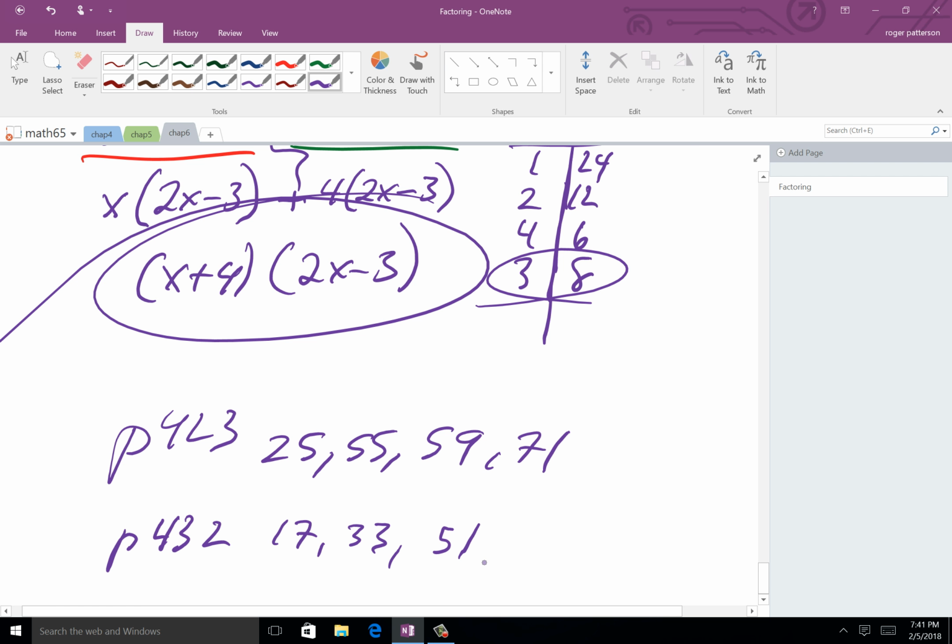51. Ooh. I don't think I want to do that. Let's change this a little bit here. Definitely don't want to do that. I see what they did here.